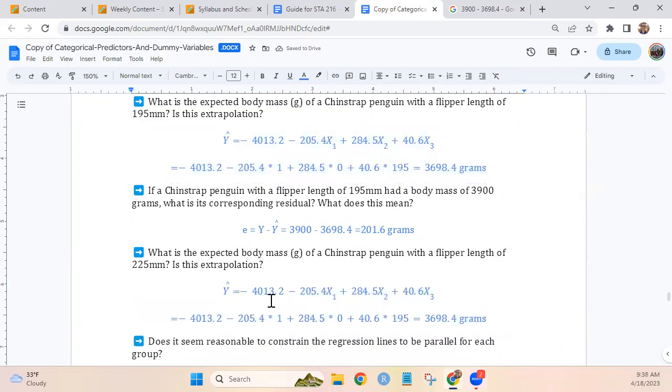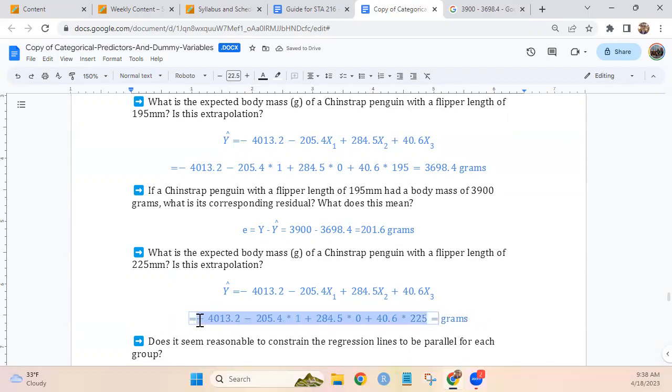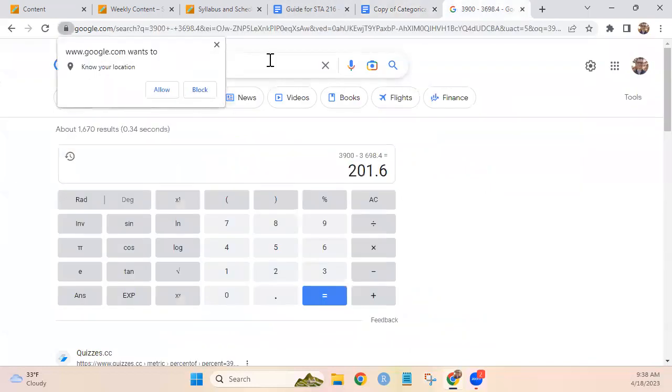Okay. Then let's suppose we had a chin strap penguin who had really long flipper length, 225. So we plug that into our equation, and pretty much we're just switching, instead of 195, it's 225. And then recalculate that value using Google, right?